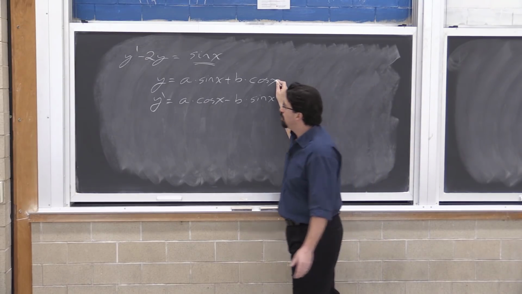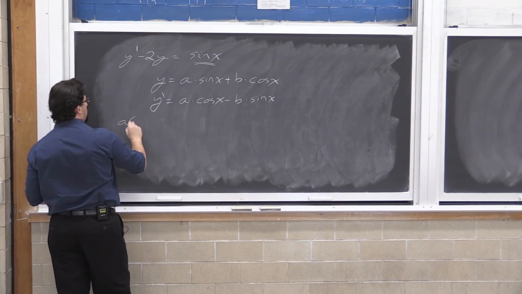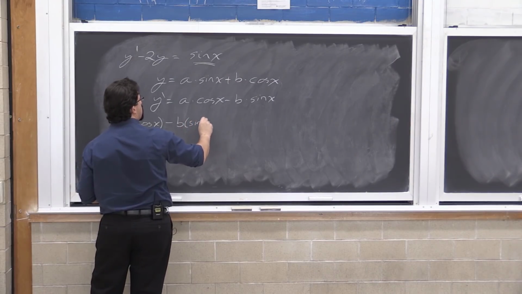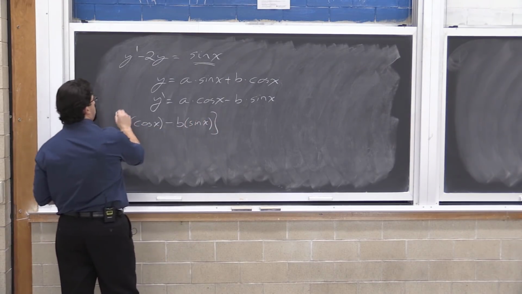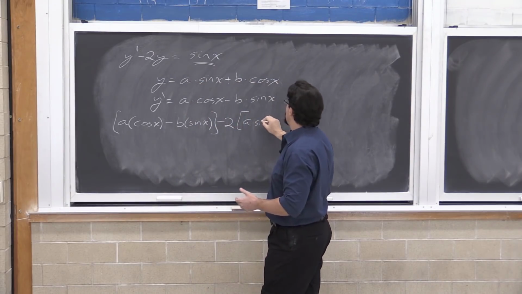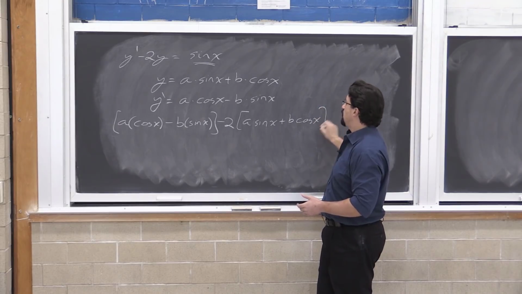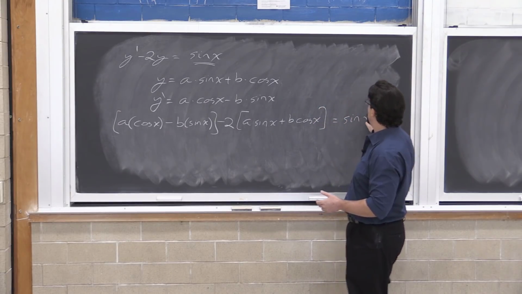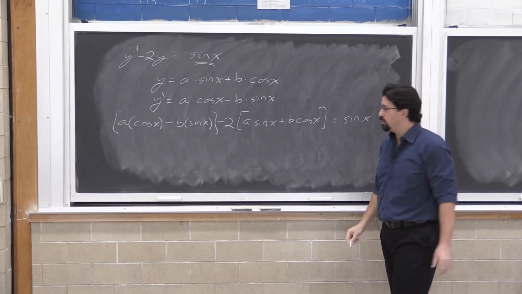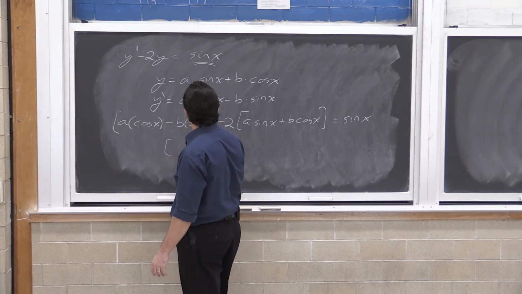And then the rest is arithmetic, right? Because now all I need to do is take a times cos x minus b times sine x. That's y prime. I subtract from it 2 times a sine x plus b cos x, and I set the whole thing equal to sine of x. Throw everything together so that you can collect all of the like terms.